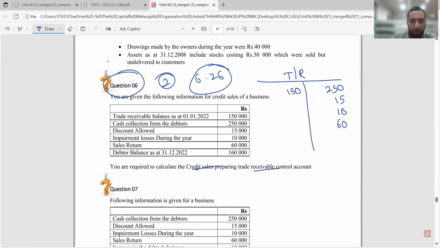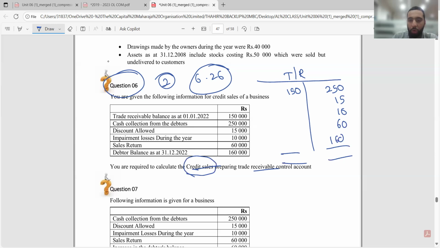Right? And then the last one, the debtor balance as at the end is positive 160, right? It's positive 160. So what do they want? They want us to get the credit sale, right? Very simple. So how are you going to calculate this?